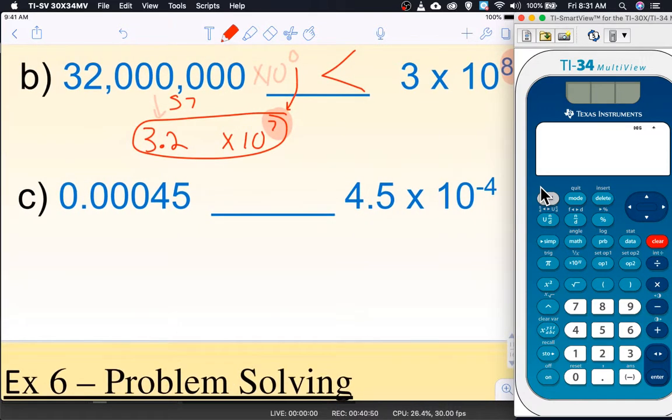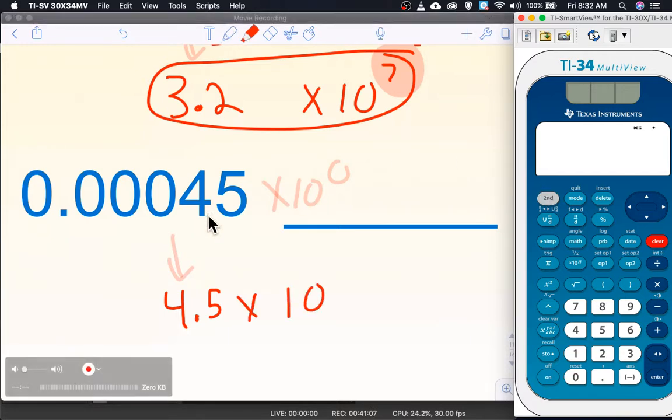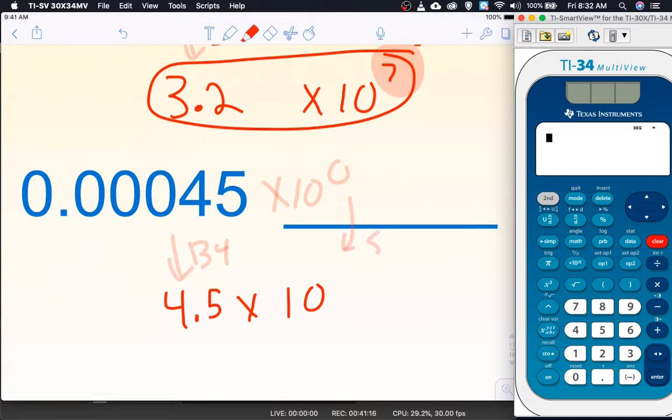Letter C. This, let's see, times by 10 to the power of 0. This is going to become a 4.5 times by 10. My decimal piece gets bigger by 1, 2, 3, 4 places. So my exponent is going to get smaller by 4.